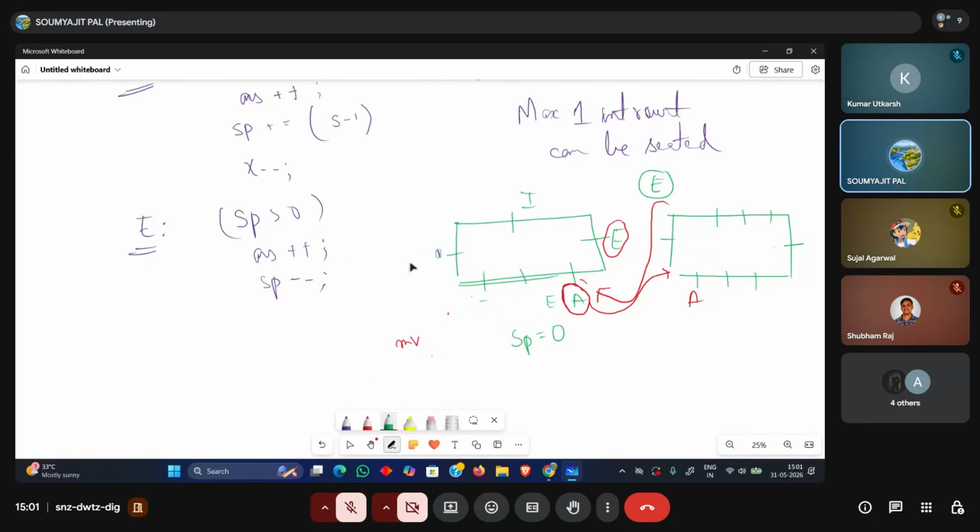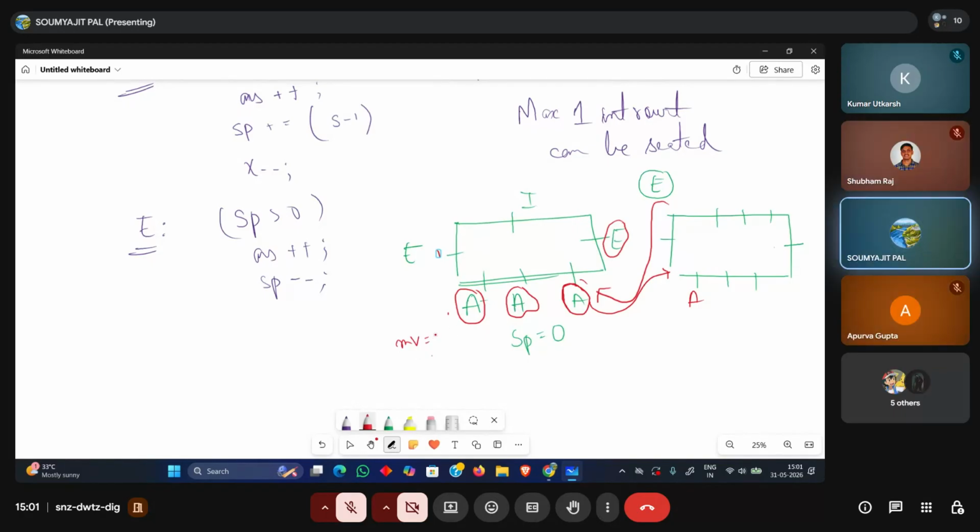This is E and this is A, this is A. So all these A are my move variable. All these persons can be moved onto a new table if there are seats available. So here I can say the move is 3.